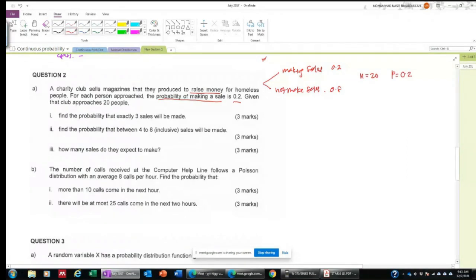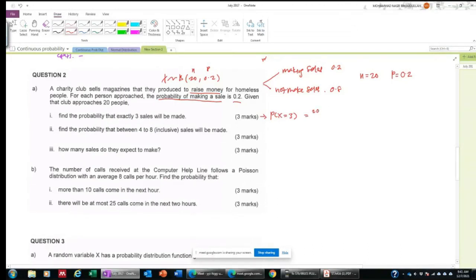Right, so now, question number 1. Find the probability of exactly 3 sales, probability of x equal to 3. So we know that we have a binomial problem. X is binomial with n equal to 20 and p equal to 0.2. So we use the binomial formula.